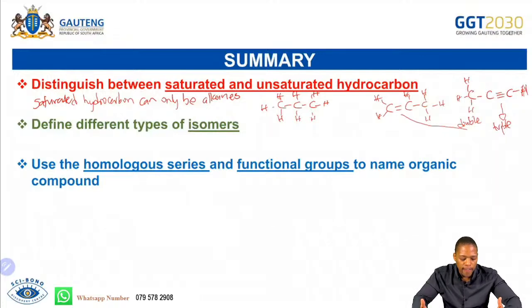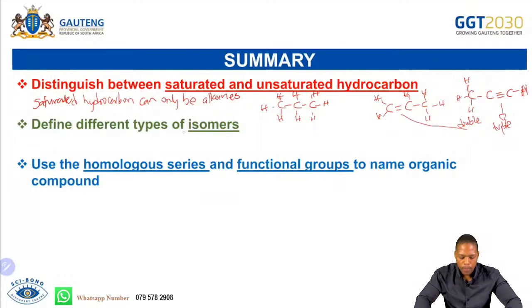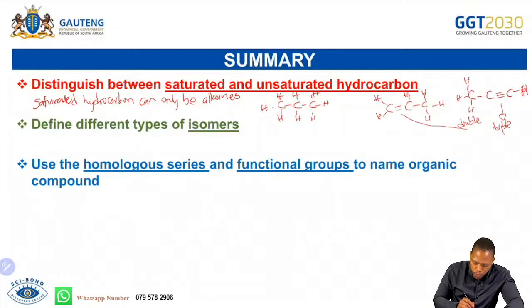All right. And then the next thing I'm expecting you should be able to know after this lesson is the definition of isomers. Isomers are defined in 4 ways, grade 12. Number 1, you define a structural isomer in general.